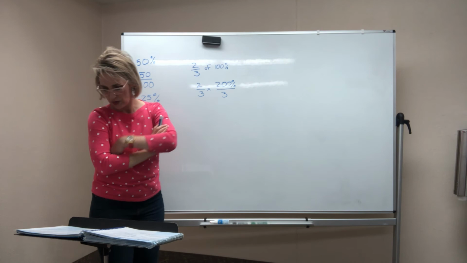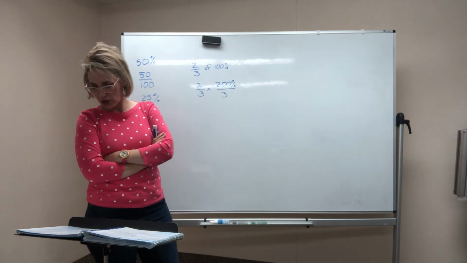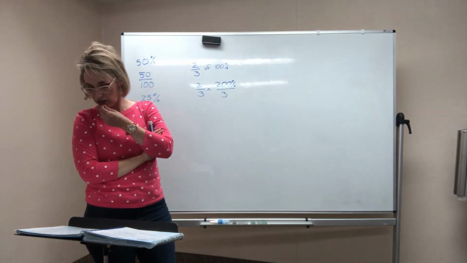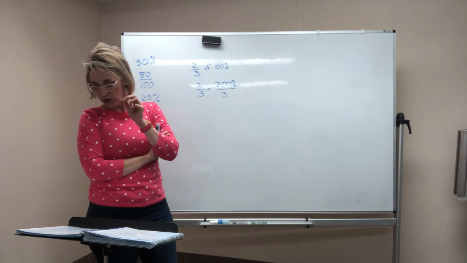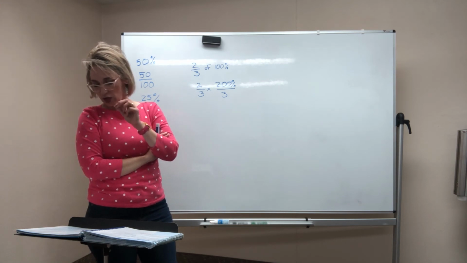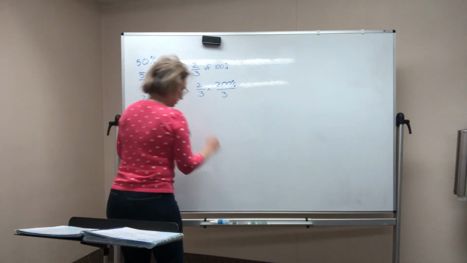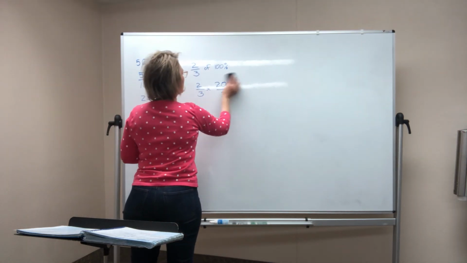Hold on, I have to think about this for a minute. I hate this one. I had it straight in my brain before I sat down here to tell it to you, and now I'm getting confused. We multiply the 2/3 by 100%. So, yes, here it is. Sorry, I just had to think on that a minute.